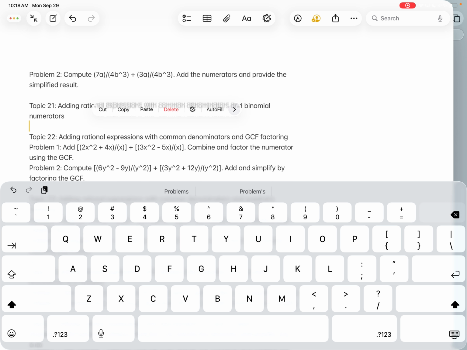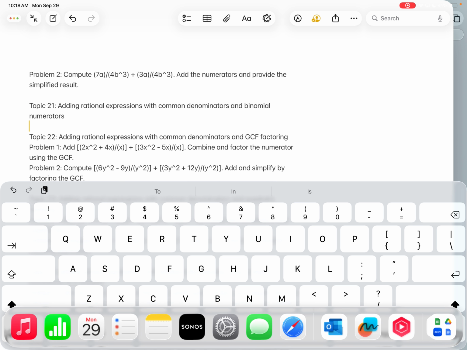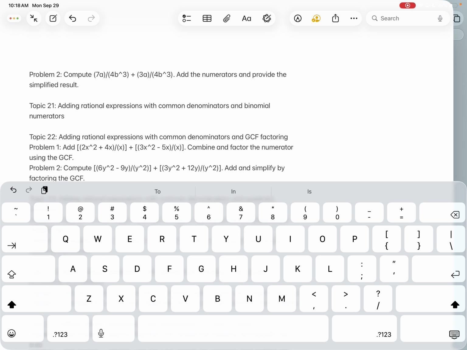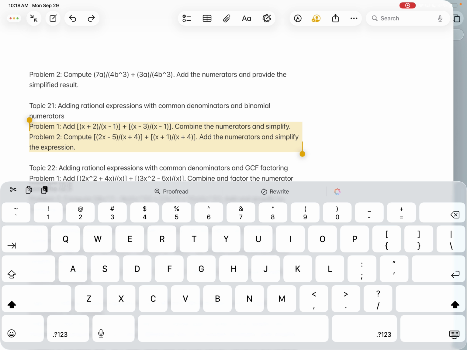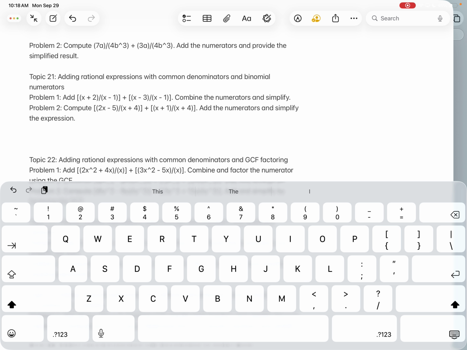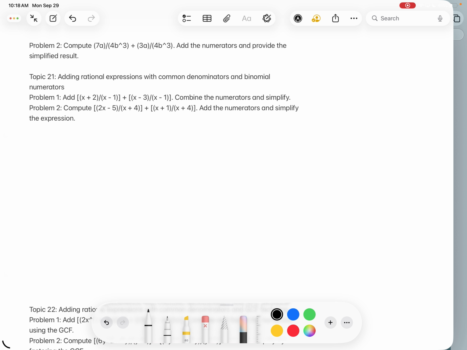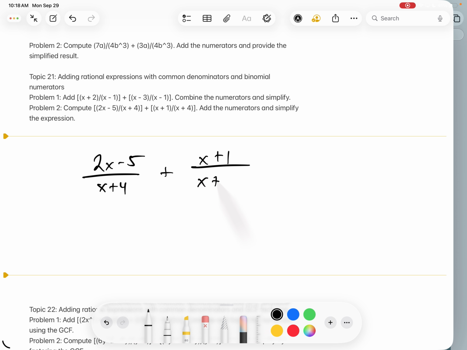Adding rational expressions with common denominators and binomial numerators. Oh, wait, maybe I shouldn't have deleted that. Yeah, we can do that one, okay. So 2x minus 5 over x plus 4 plus x plus 1 over x plus 4.